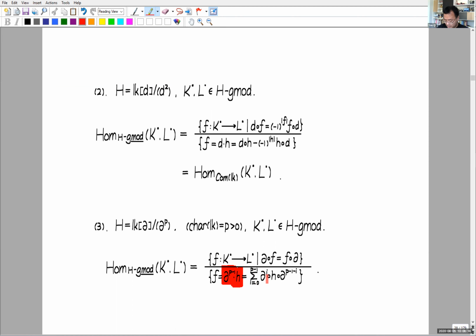And furthermore, the Grothendieck ring of this stable category for K[D] over D to the pth power, this very particular Hopf algebra we have been considering, is actually isomorphic to the cyclotomic ring at the pth root of unity. This is the base ring over which the quantum invariants, the 3-manifold invariants, should be living. So that's why this H-graded module category is a categorical analog of this ring.